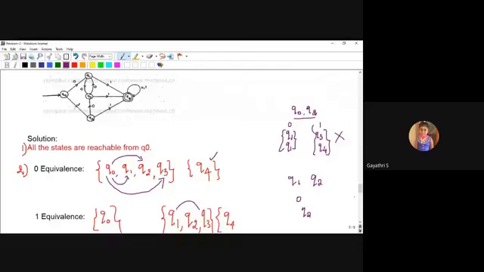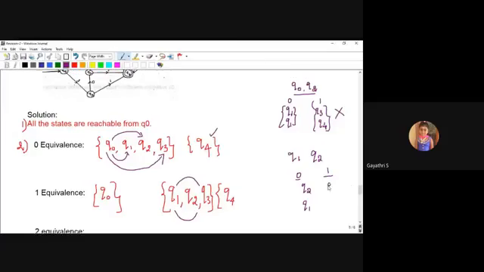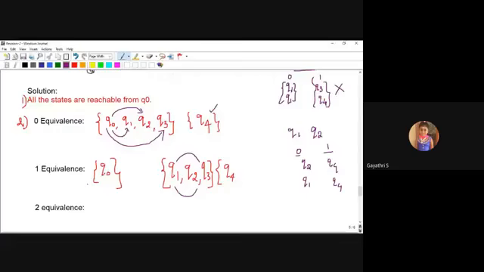Based on one, Q1 on one Q4 and Q2 on one, which is also Q4. So this is the second equivalence. With one equivalent, Q1 and Q2 belong to the same group, and Q4 in the same group.